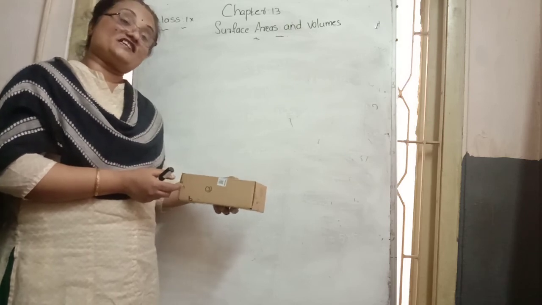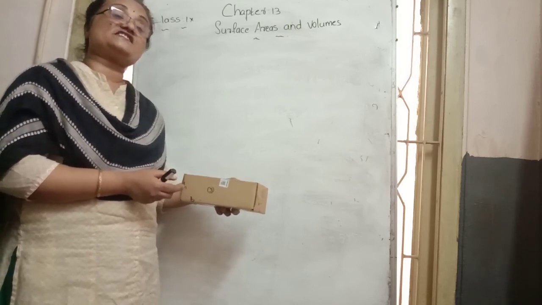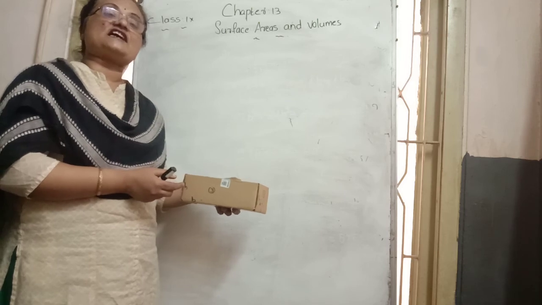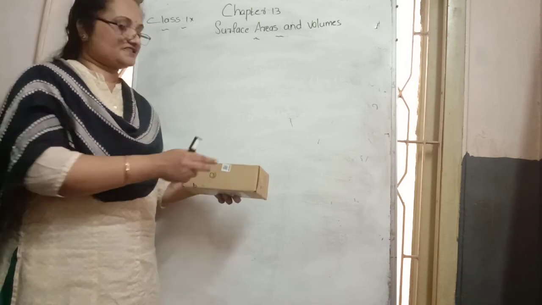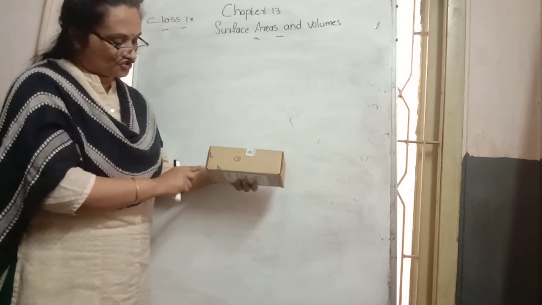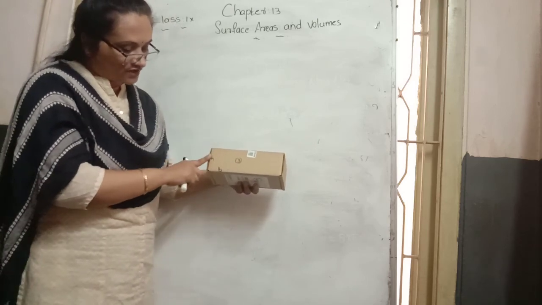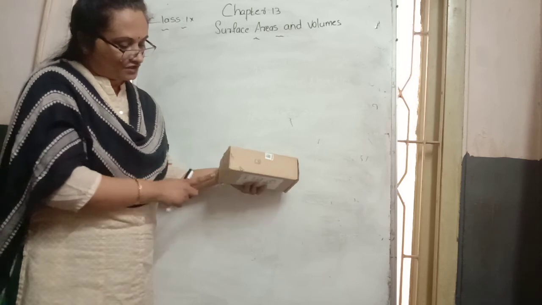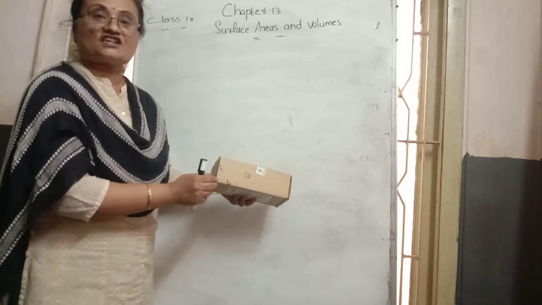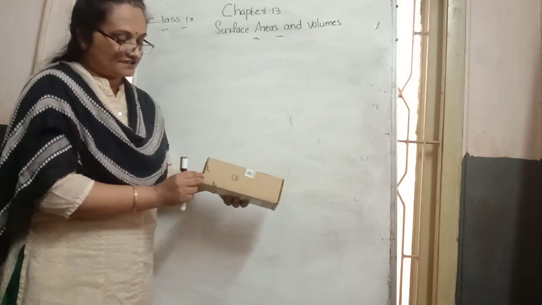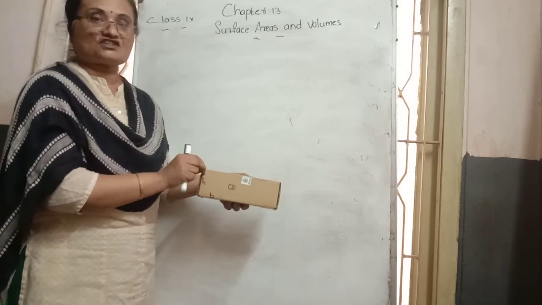Then what about vertices? 3 line segments intersecting at a point, we call it a vertex. See, for example in this box, first 1, 2, 3. These 3 line segments are intersecting here. In the same way here, this one is intersecting the top.